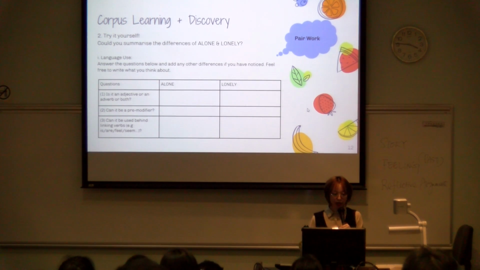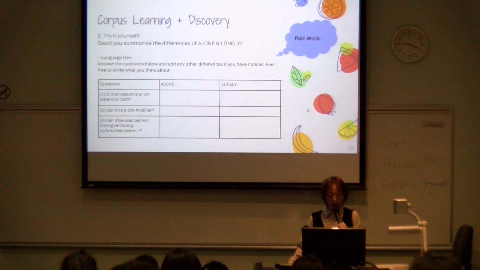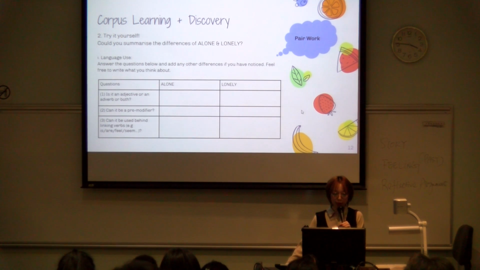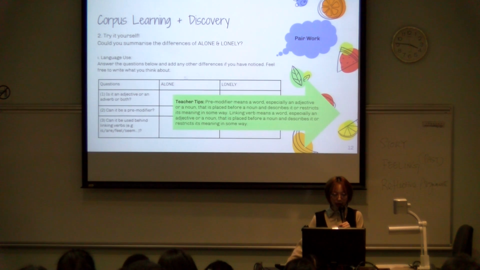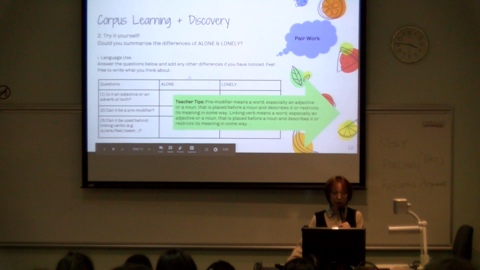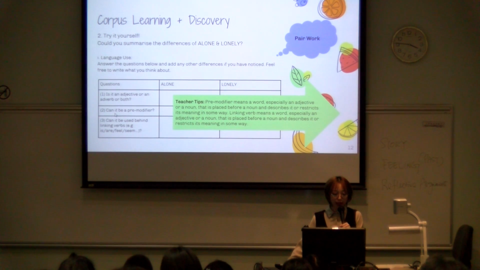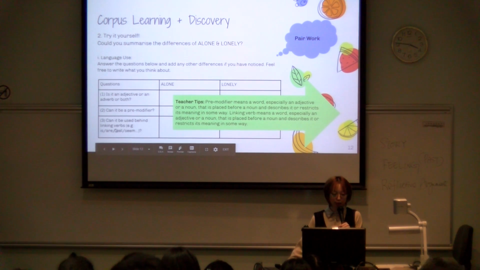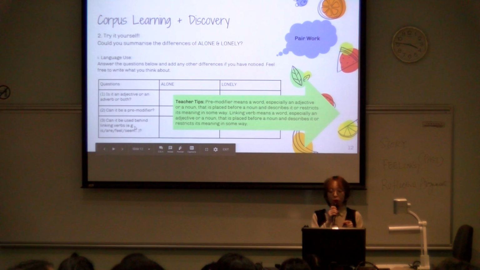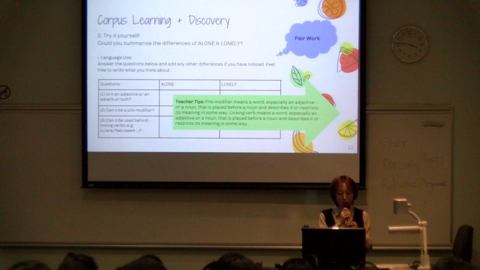Then we as teachers ask them to summarize the differences based on the corpus. Before this, the column is very comparative. But we ask questions here like, can it be a pre-modifier? Or can it be used behind linking verbs? As beginners, they may not be clear about the grammar terminology.